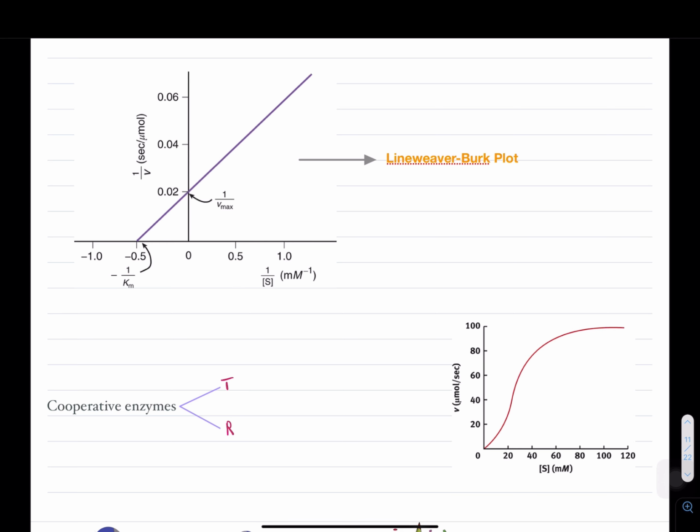So unlike the first graph, this will give us the exact value of the Vmax and the Km. The line crossing the x-axis determines the Km value, but it's actually negative 1 over Km. So you just invert it and then you find Km.